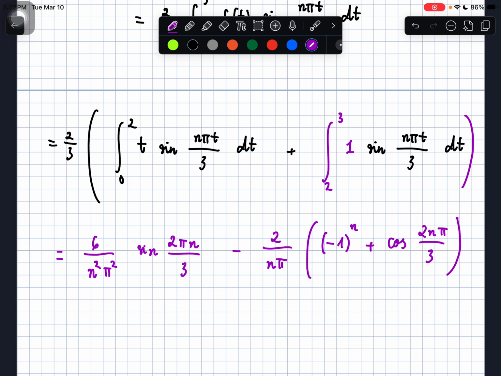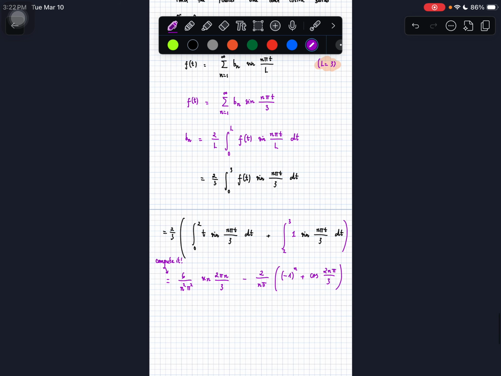By computing the integrals explicitly, you get this bn. So this is our bn.